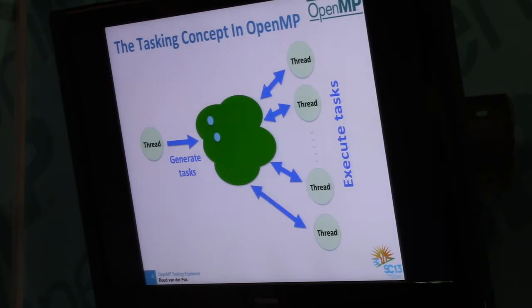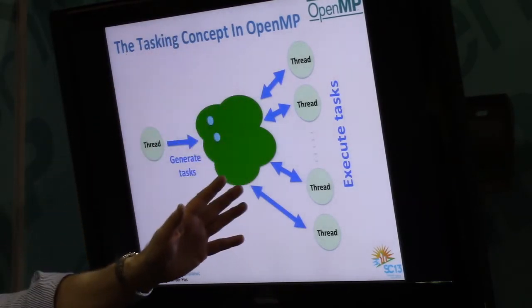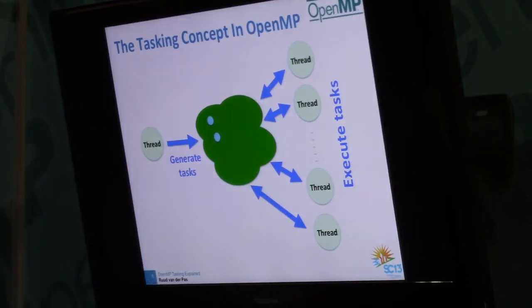As that queue gets filled, other threads can start executing. One will generate the task, and the other ones will say, okay, the task is ready, I'll start executing it. That's a very crucial step in the whole model of tasking. So keep that in mind as I go further.